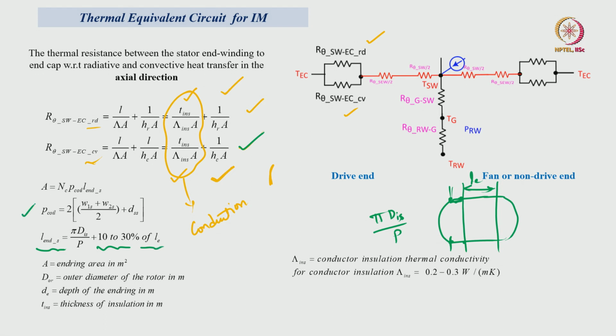The perimeter of the coil we can calculate by considering the mean width of the winding as well as the depth of the winding with respect to the stator slot. So, the stator slot top side width is W1 and bottom side width is W2, then the depth of the slot is DSS, then the perimeter is nothing but 2 into (mean width of the stator slot plus height of the stator slot).